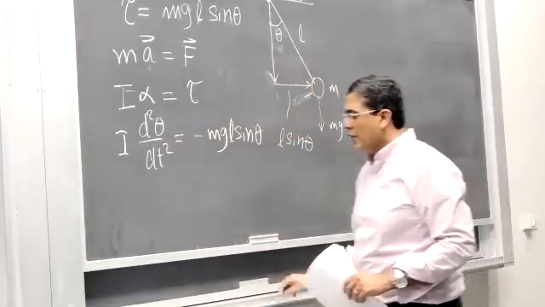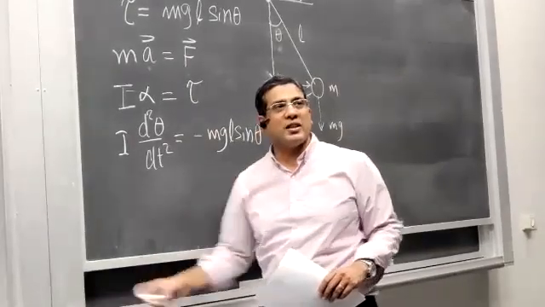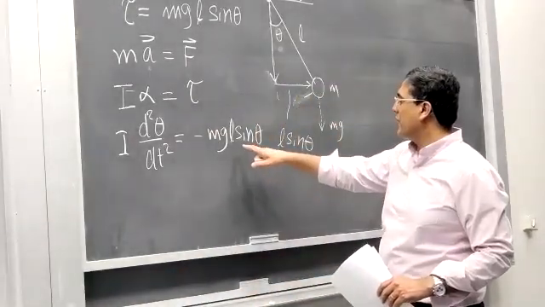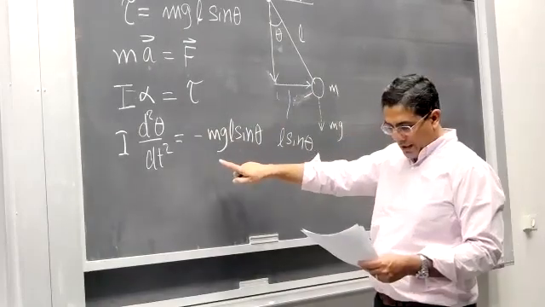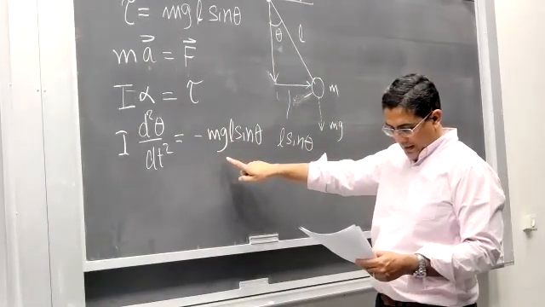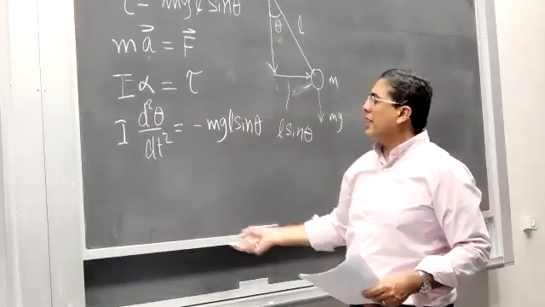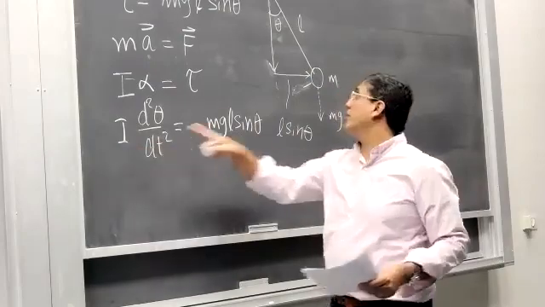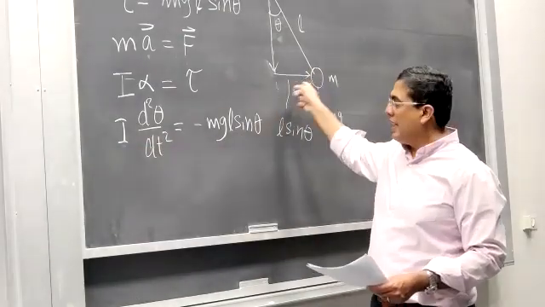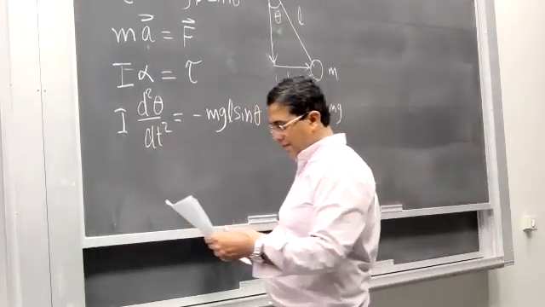This equation is very similar to what we did already. You could plug in the value of the moment of inertia, which is simply ml square for this system, and then simplify it.